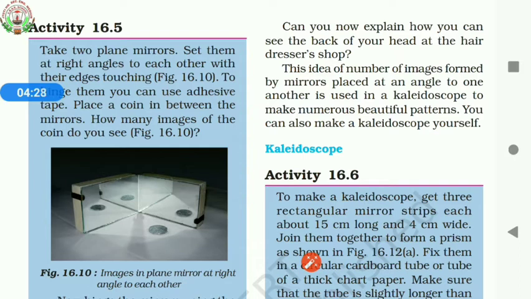How many images of the coin do you see? You can see that 4 images will be forming.